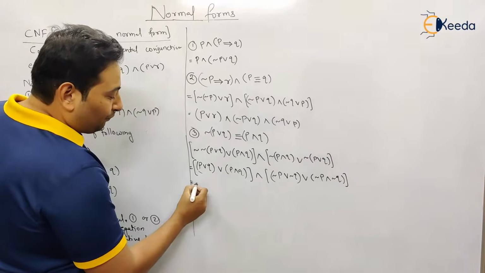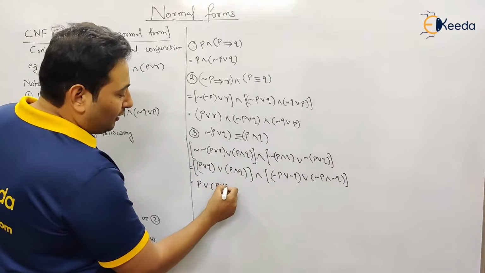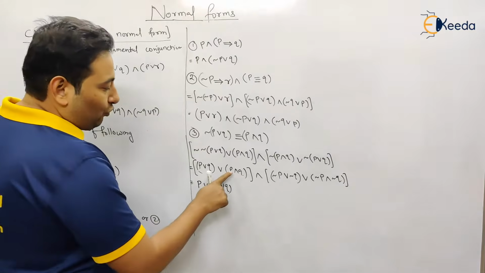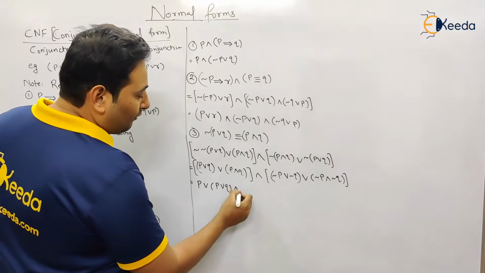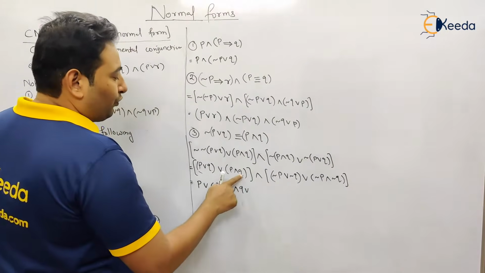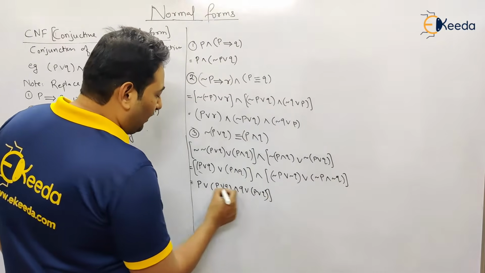That means P or this bracket. Now we are in the proper format because we are getting disjunction in between. So P or this, and Q or this bracket. Are you clear with the logic?